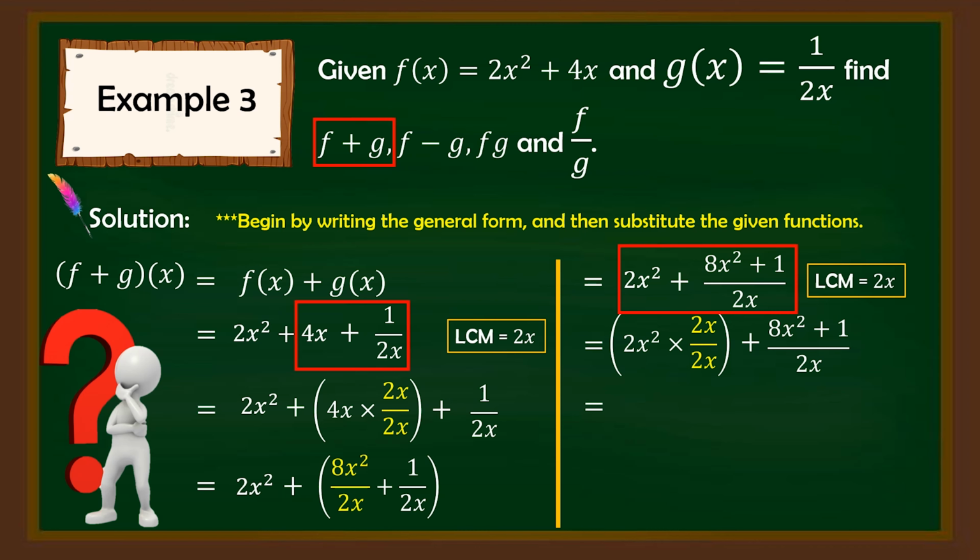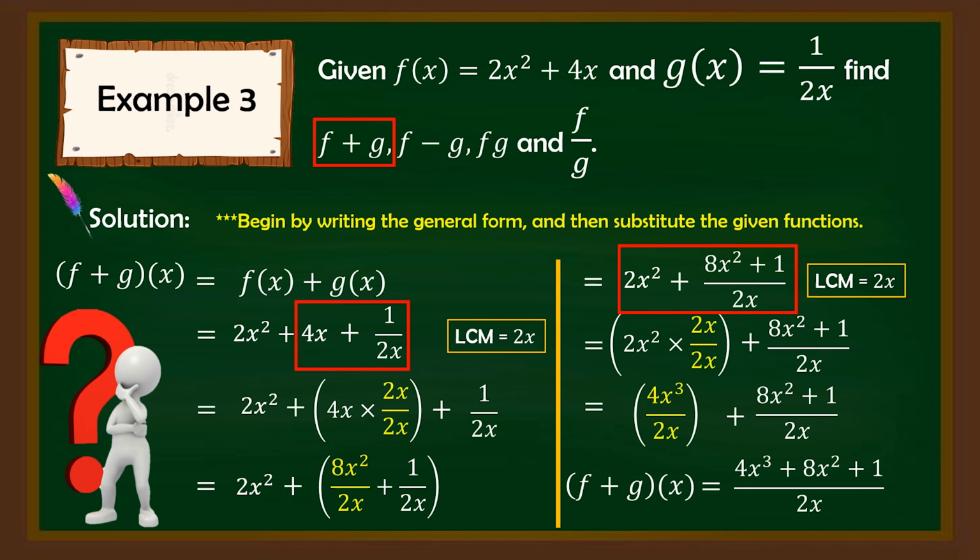Then simplify, which yields to 4x cubed over 2x plus 8x squared plus 1 over 2x. Since we cannot simplify this one any further, therefore the function f plus g of x is equal to 4x cubed plus 8x squared plus 1 over 2x.